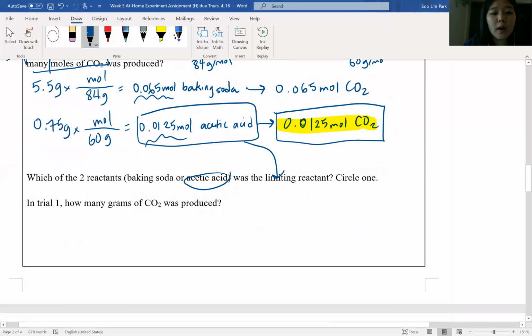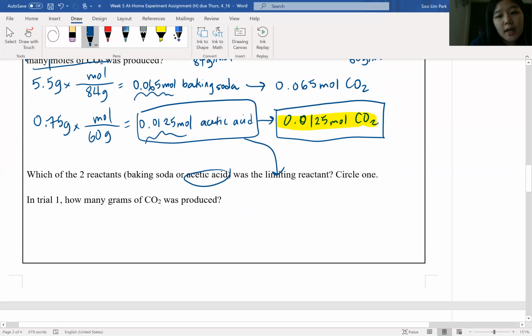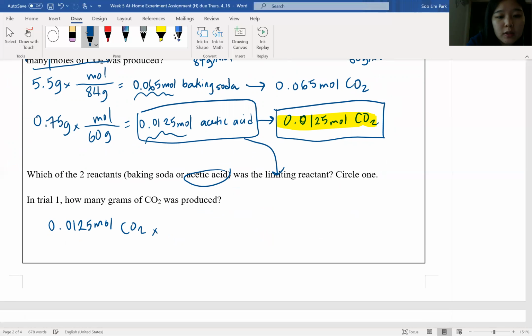So in trial 1, how many grams of carbon dioxide was produced? We're going to take our moles of carbon dioxide and convert it to grams. So we're going to multiply by the molar mass of carbon dioxide, which is 44 grams per mole.